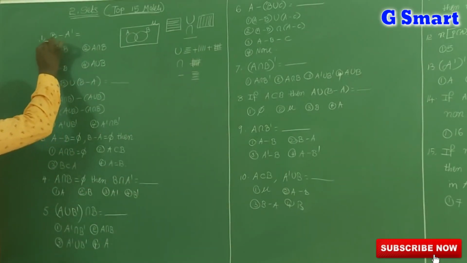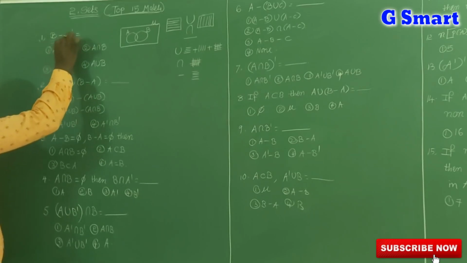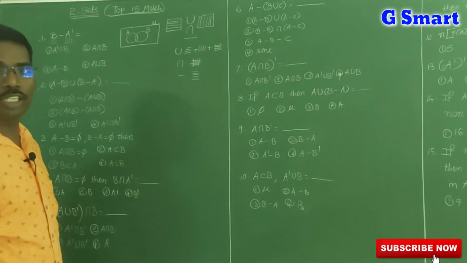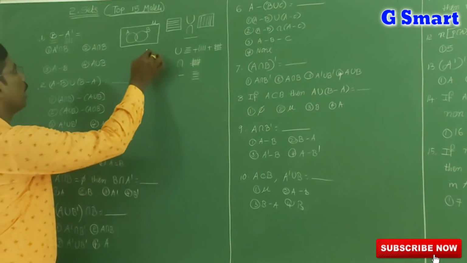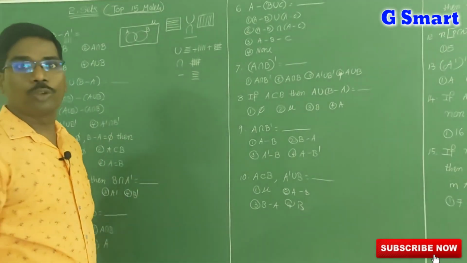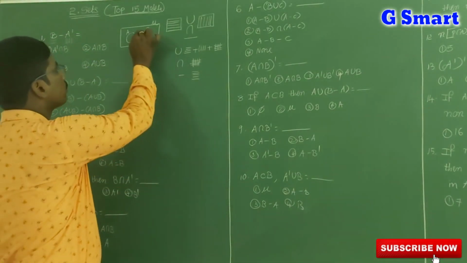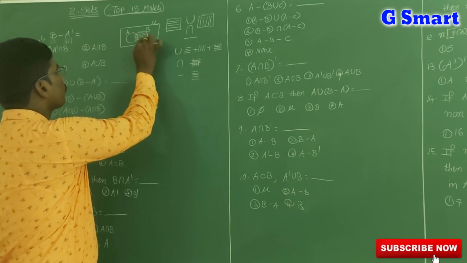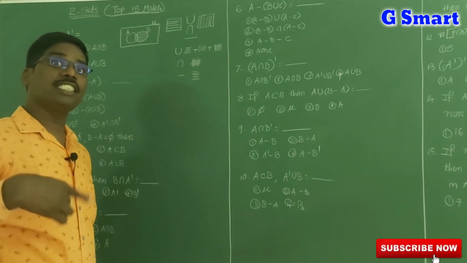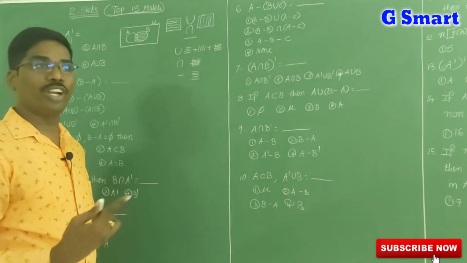Now see here. B is horizontal lines and A dash is vertical lines.